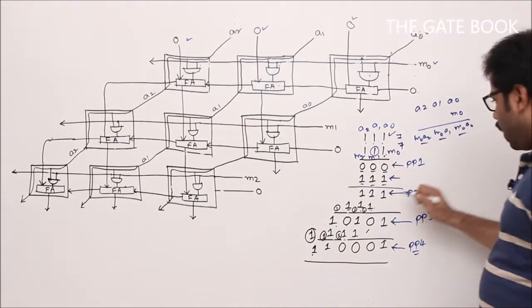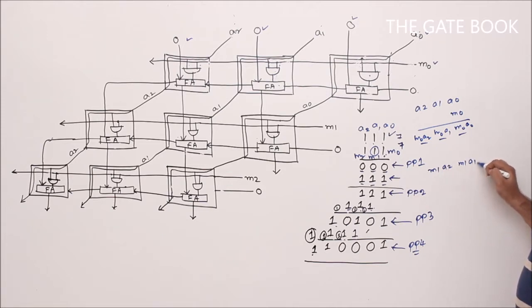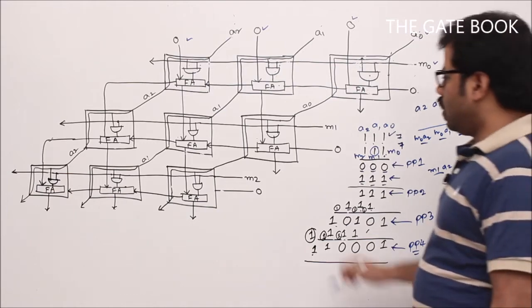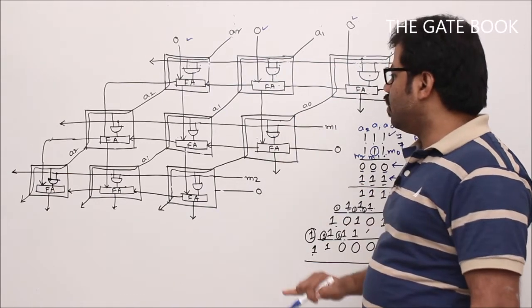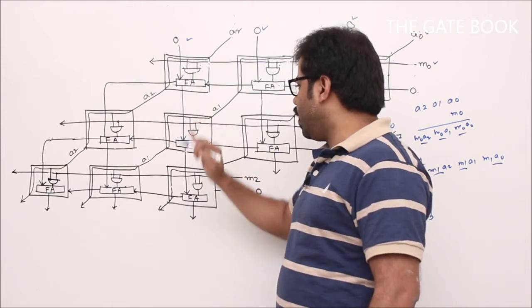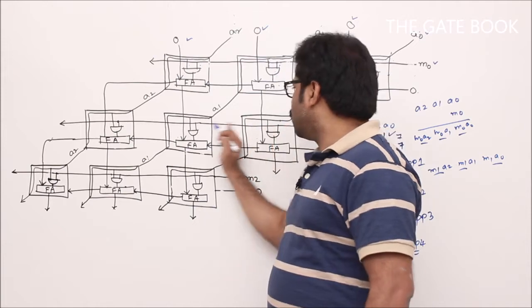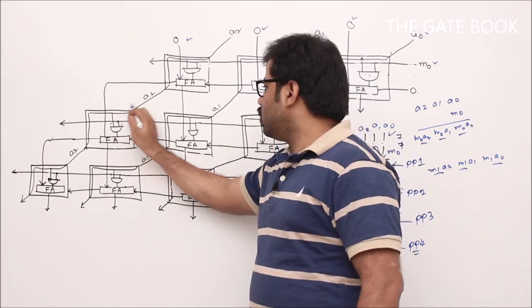Second time, in the second row, we will be doing multiplication like this. What is that? M1 A2, M1 A1, M1 A0, right? Sir, where are we doing that? Please show that. See here, M1 A0, that M1 will be carried here. See, M1 and A1, M1 A1. Now here, this is M1, this is A2, M1 A2.